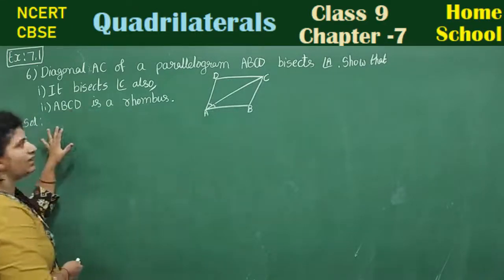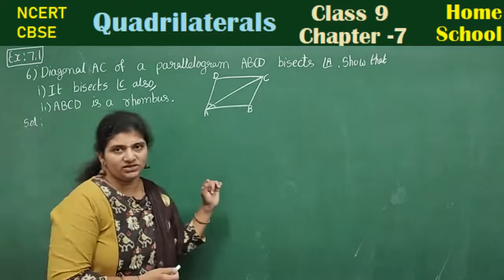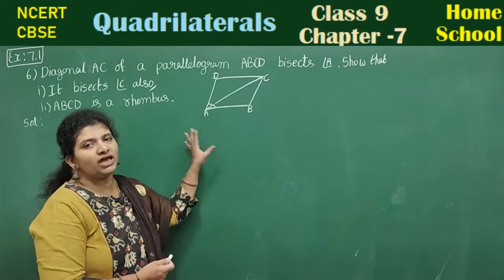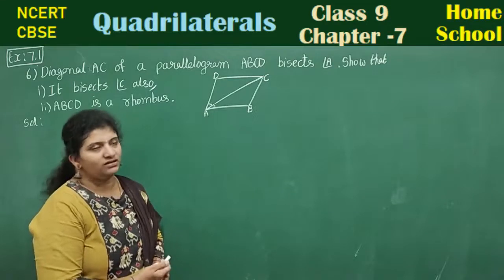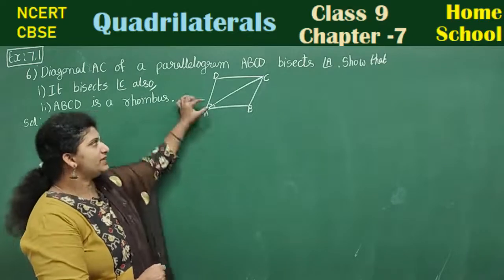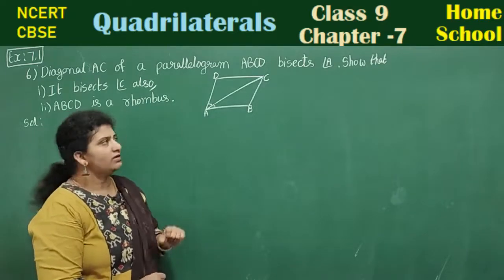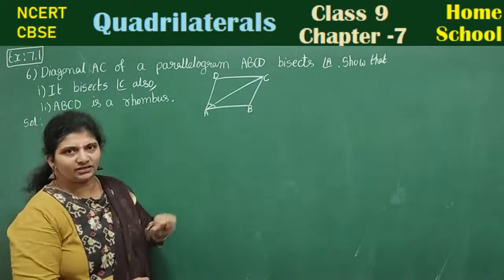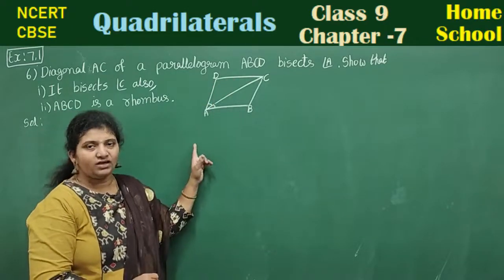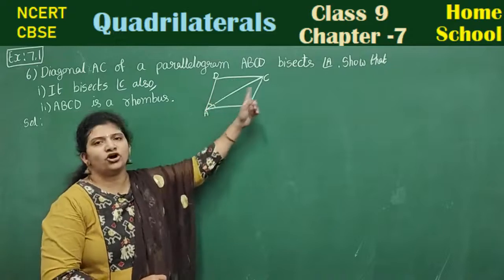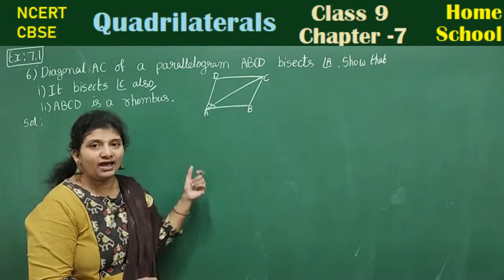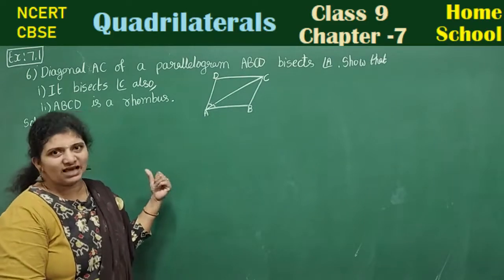And your second one, ABCD is a rhombus. We know that ABCD is a parallelogram. Prove ABCD is a rhombus. So how can we prove this, children? Let us think over here. These two angles are equal. Now parallelogram means opposite sides are parallel. If a line is drawn between two parallel lines, then it acts as a transversal and their alternate interior angles are equal.